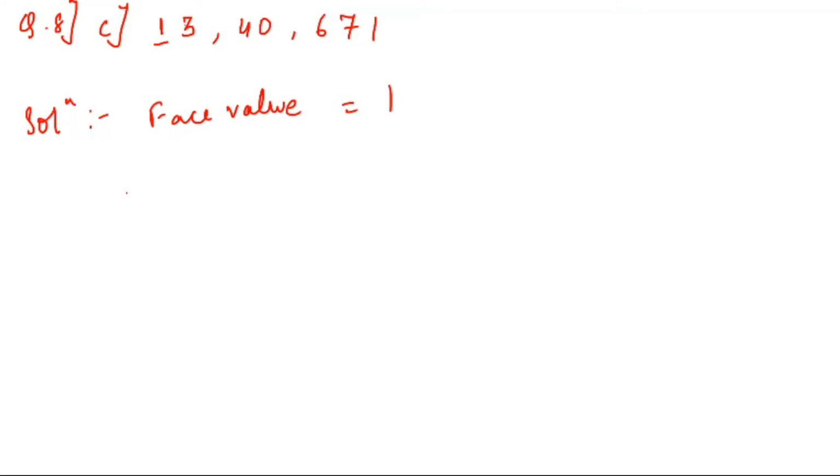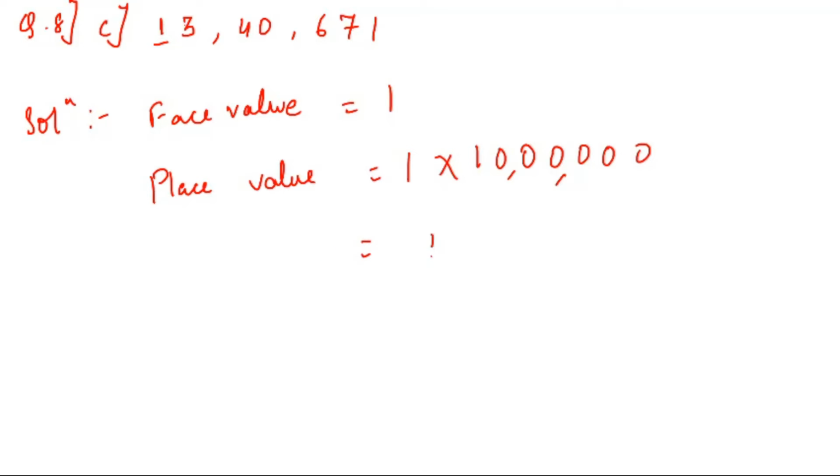Place value is equal to ones, tens, 100, 1000, 10,000, lakh, crore. So 1 multiplied by 1, how many zeros? 1 2 3 4 5 6. So 6 zeros. It will be 1 crore. Okay.